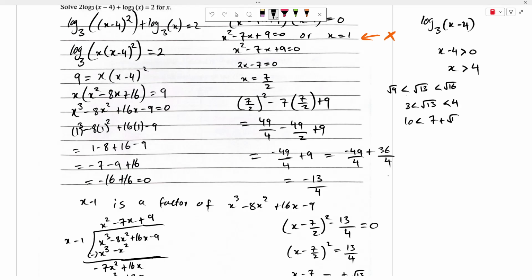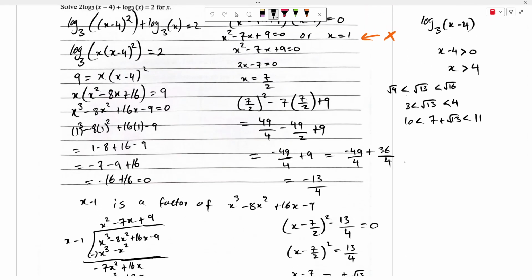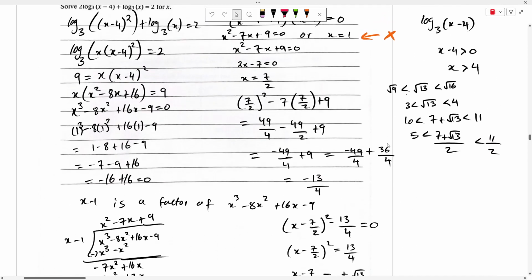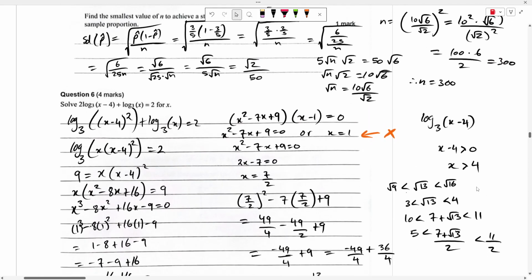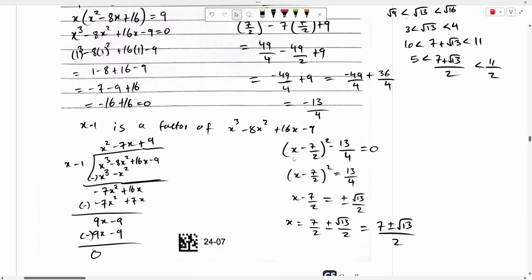And then we get 7 plus root 13 and 11. Now let's divide everything by 2. So we get 5, 7 plus root 13 on 2, 11 on 2. Okay, so this one, 7 plus root 13 on 2, is going to be between 5 and 11 over 2, right? That is satisfying the condition of being greater than 4. So this is checking out.